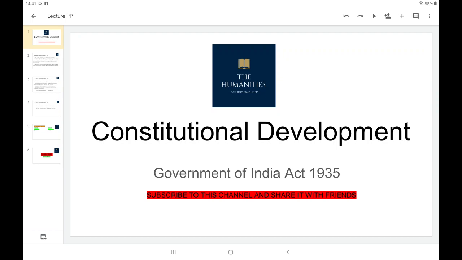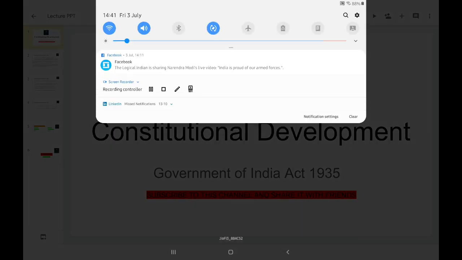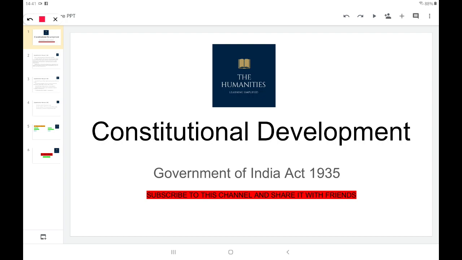Now we are on the 1935 Act, which is one of the most important acts passed during the British rule over India. So without wasting any time, let's start today's topic.